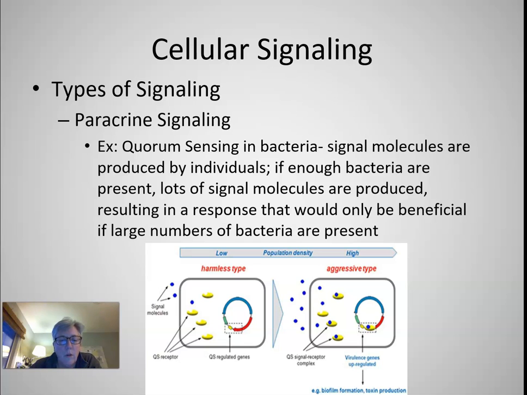So that's called quorum sensing because there has to be a quorum. I'm assuming you've heard of the word quorum from politics, perhaps not, but anyway, if there's enough signaling molecules, then the response happens. Super interesting, and in that TED Talk she talks about it.